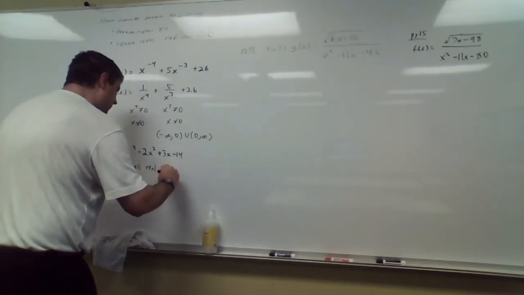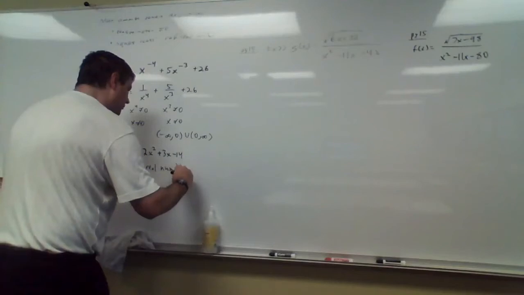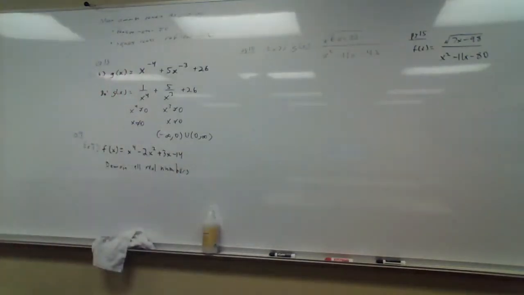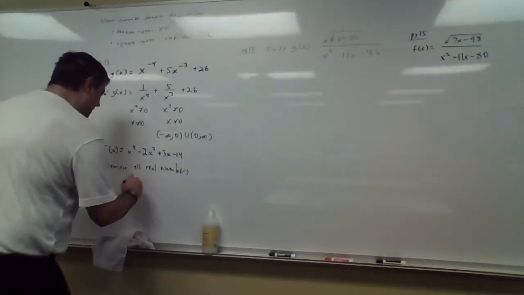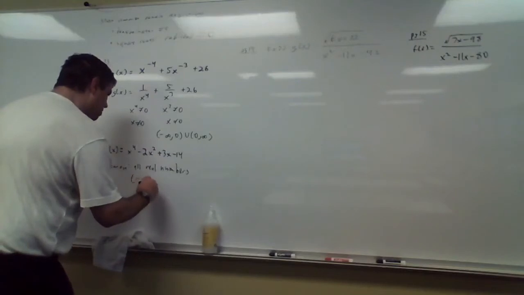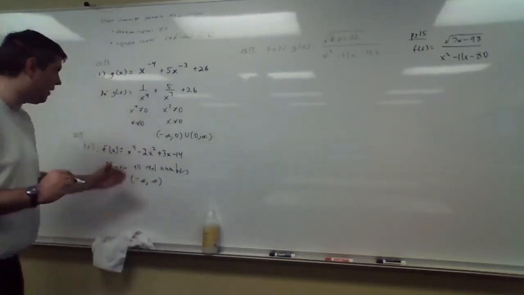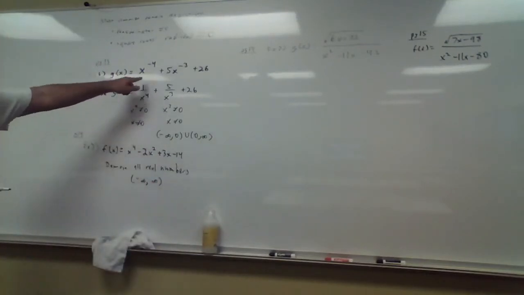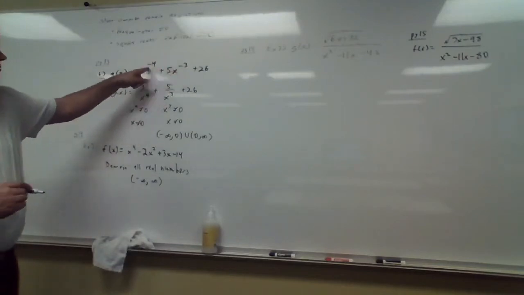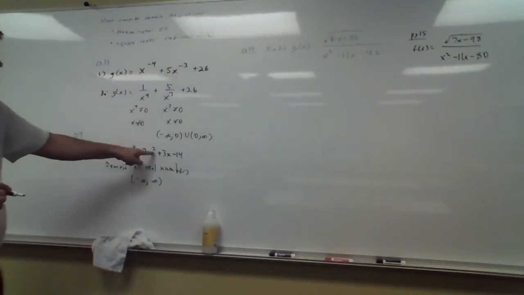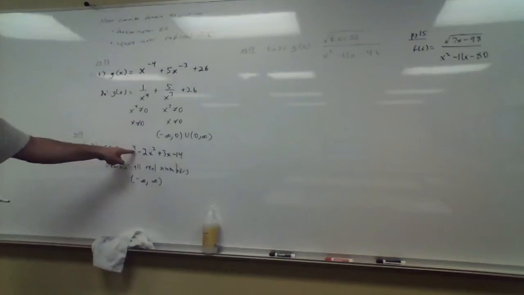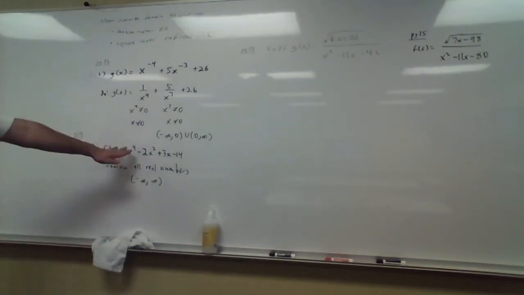This is something for you to be very careful of knowing, that the domain is all real numbers, which in interval notation would be negative infinity to infinity. The difference between these two functions is that one has a negative exponent. These are positive integer exponents, 4, 2, and 1. Okay? This is a polynomial, and the domain is all real numbers.